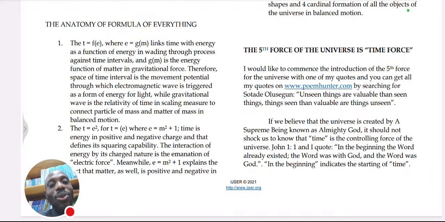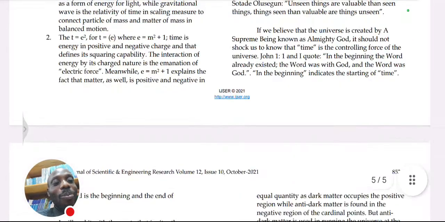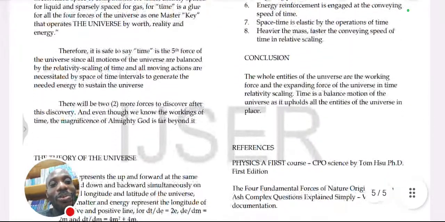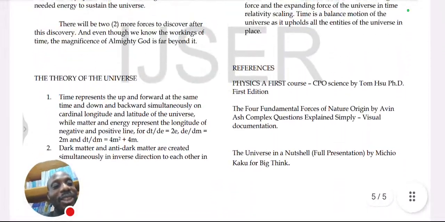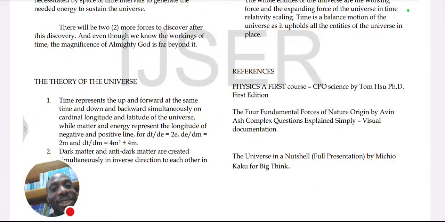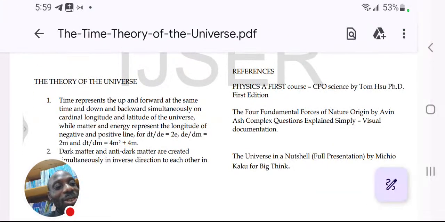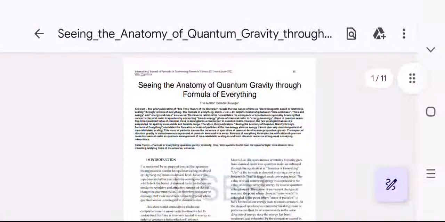You understand? So we'll dissect that more. So that is that. Then I have these little references. You understand? So now let's quickly move to the second research publication, which is this.